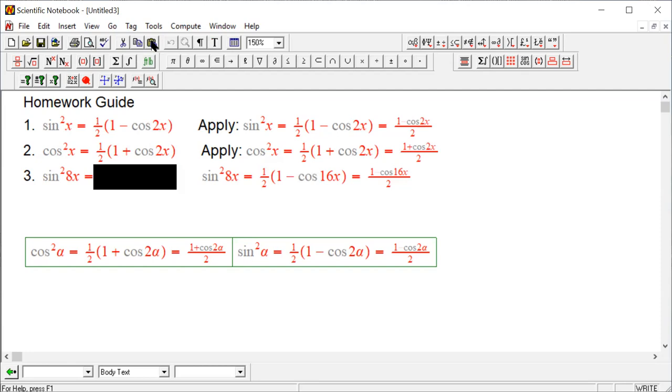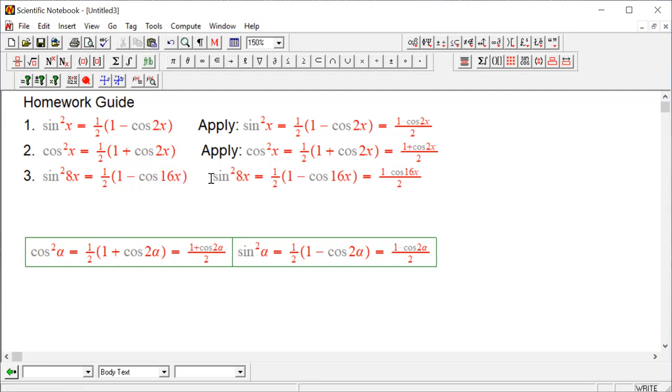Now let's look at a bit more complicated situation. So here I'm selecting number 4. I'm just going by the order of the text of the homework questions.